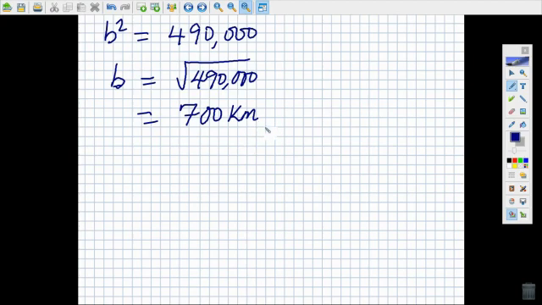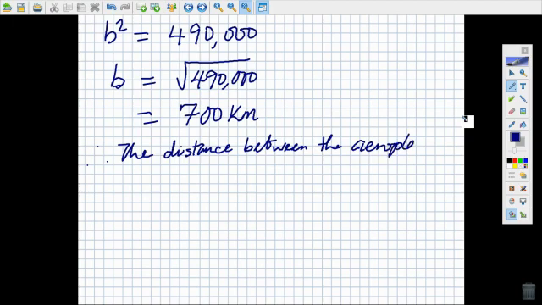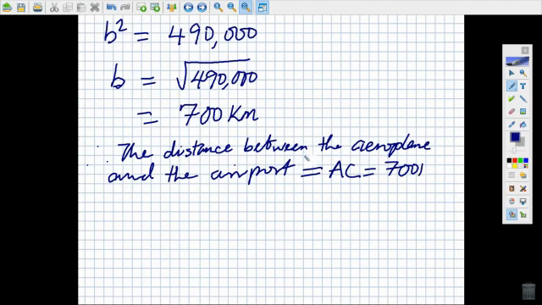So therefore the distance between the aeroplane and the airport is AC, which is equal to 700 kilometers.